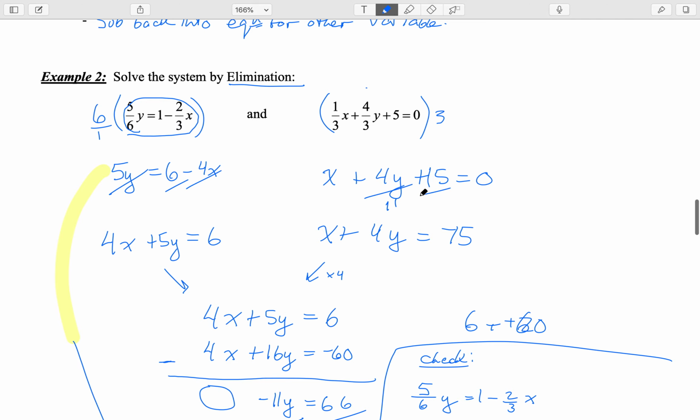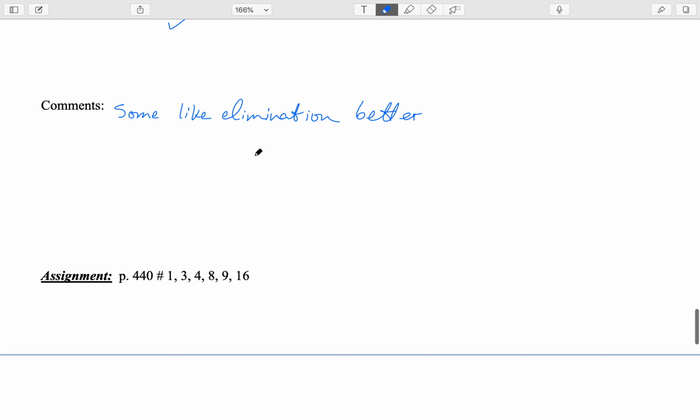There's going to be lots of fractions. So some people like elimination better as you can avoid fractions if you want. Now, if you're comfortable and you like fractions, great. Substitution always works. So sometimes it's a lot easier to avoid the fractions, especially if you're going to be graphing.